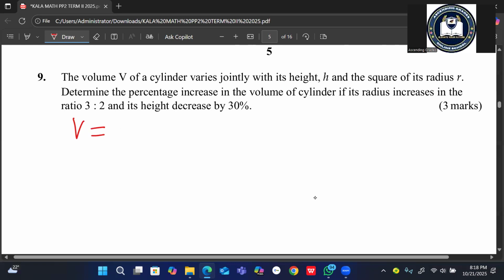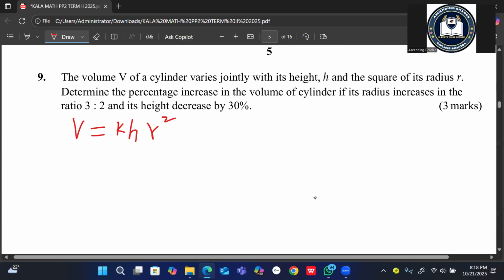So volume V should be equal to K h r squared, where r is its radius.